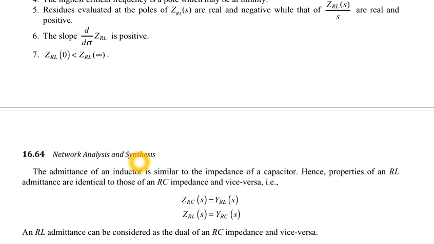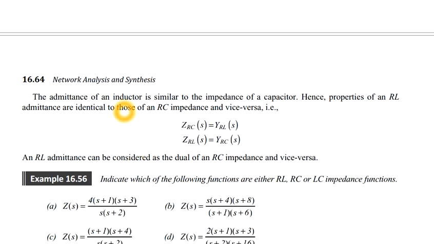So we know that the admittance of an inductor is similar to the impedance of a capacitor, the basic property, and we can say that with that particular property, the properties of an RL admittance are identical to those of an RC impedance and vice versa.